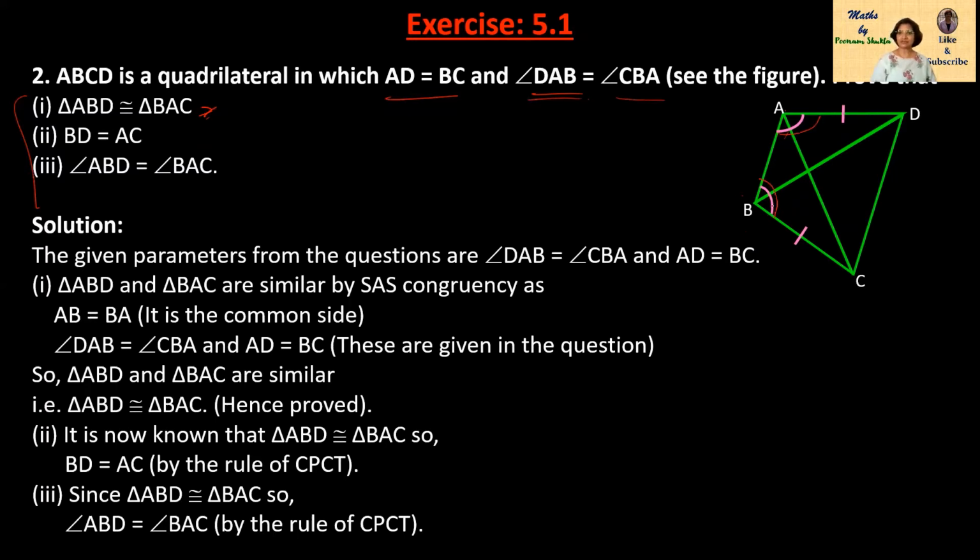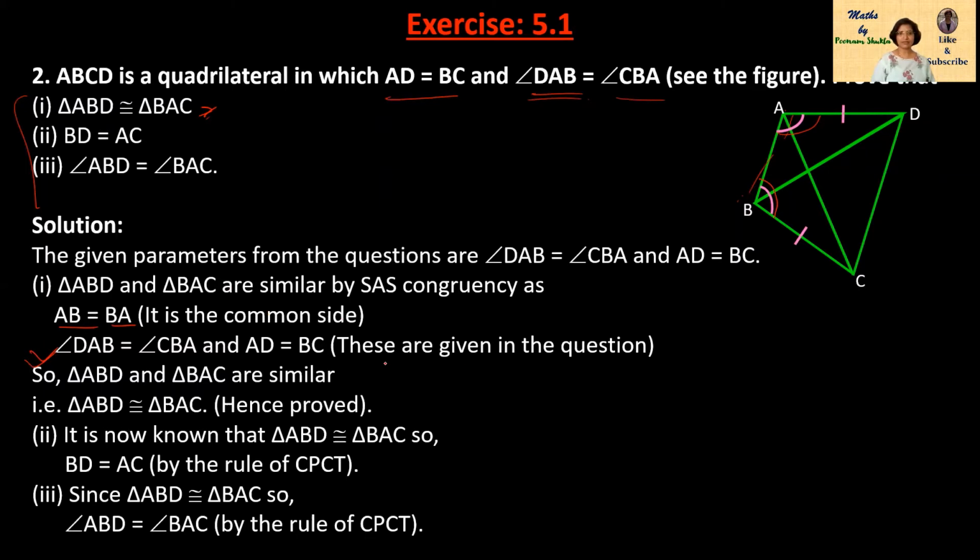So one more thing we have to find, either one angle or one side to be equal to make it congruent. The parameters which are given are here, and we can say AB equals BA, this AB equals AB. This is the common side for both the triangles, right? So the third thing we also found.